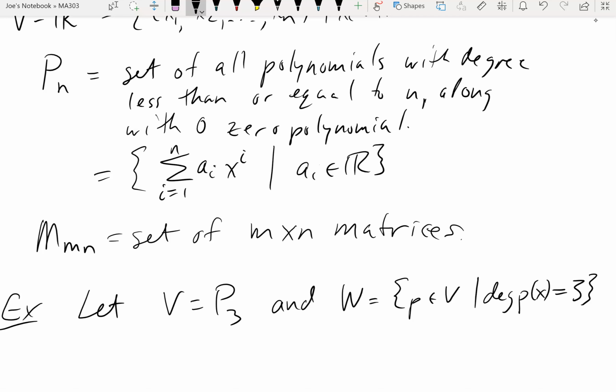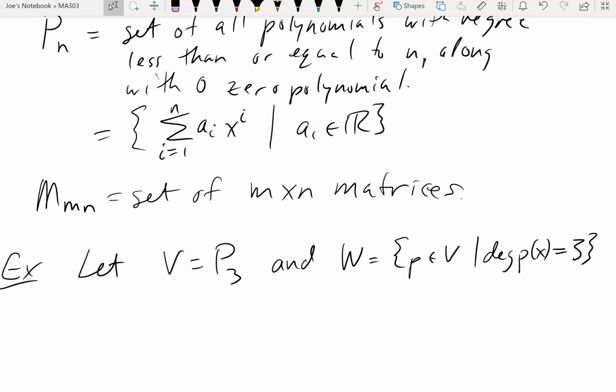All right, so the question is, is W a subspace? So again, for subspace, we need to show, is it closed under addition? Is it closed under scalar multiplication? So let's think about addition first.